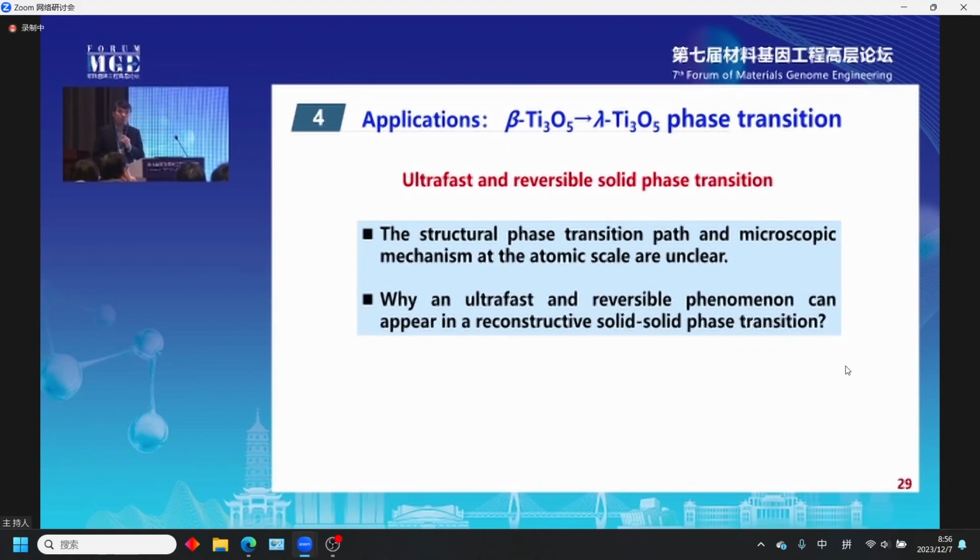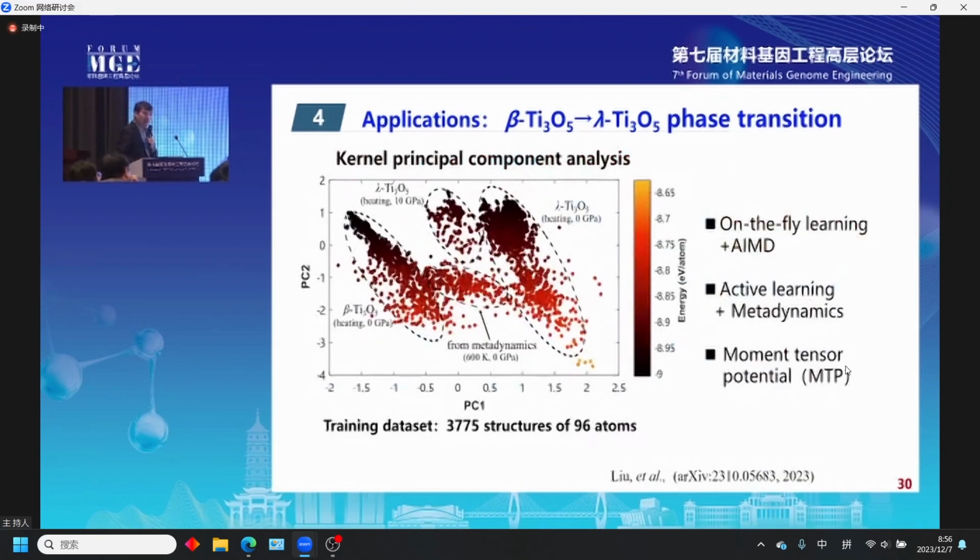Normally, solid phase transition is very difficult because it needs to overcome mechanical energy barriers. So we use our MTP modeling and try to use on-the-fly machine learning together, to simulate this solid to solid phase transition.